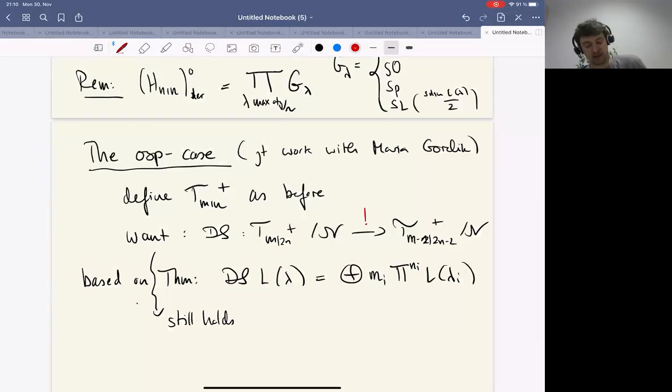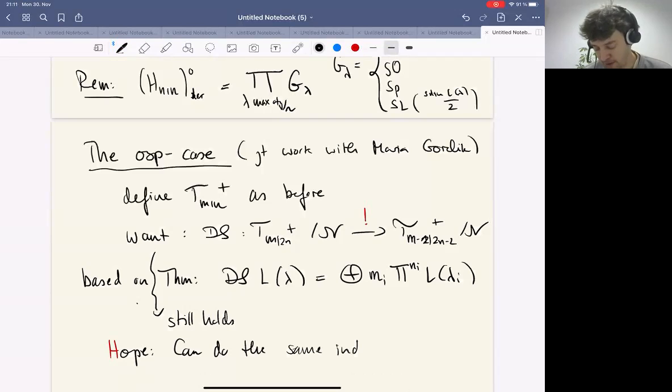But that's something that is not done, and it probably would be a lot harder than for GL(m|n), in fact. And there are a couple of reasons why the picture will be harder. So the hope is to do the same inductive determination of H_{m|n} as for GL(m|n).